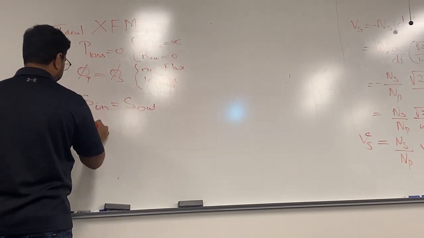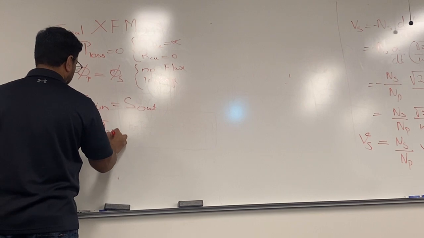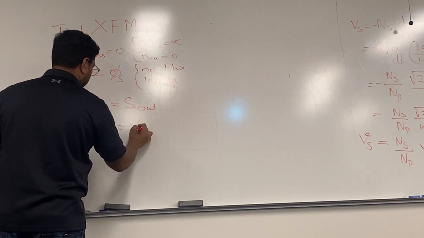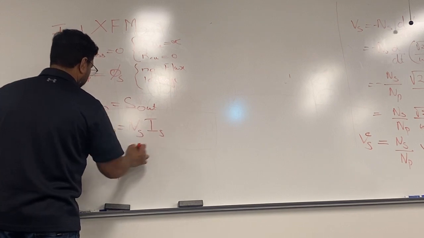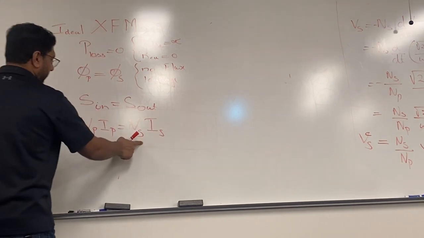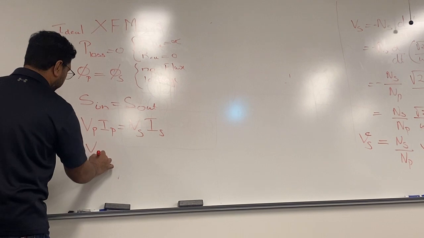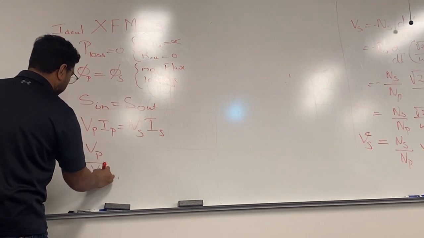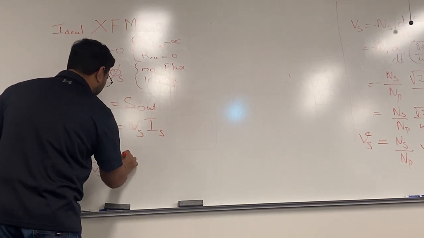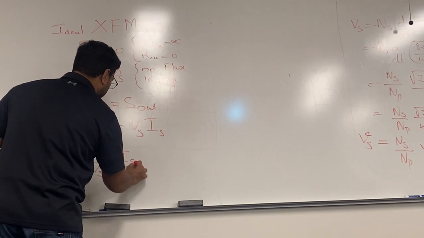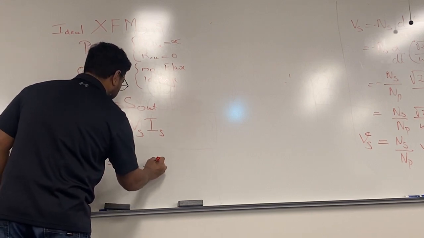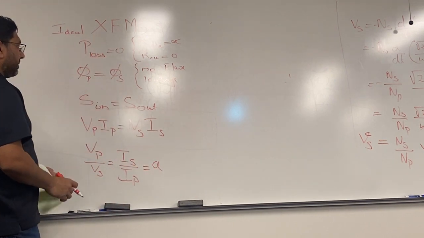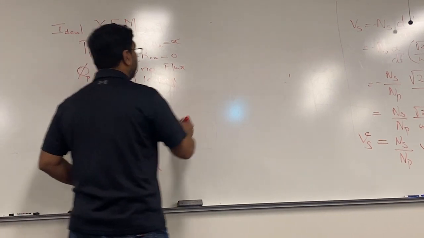So VP IP equals VS IS. And we just saw what VP over VS is. So VP over VS is equal to IS over IP. And that is it.